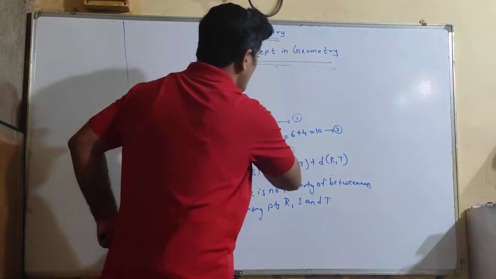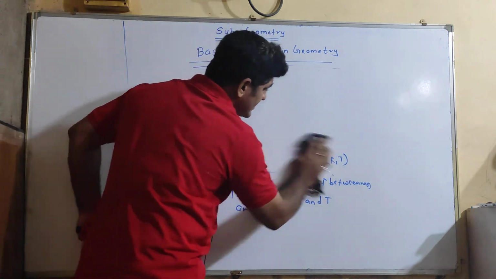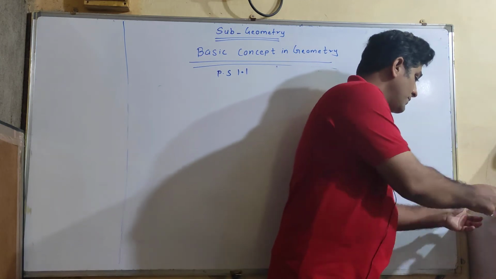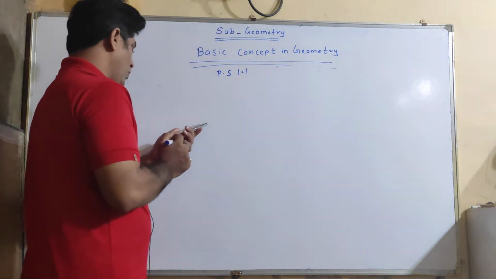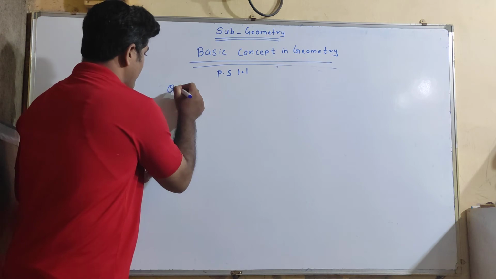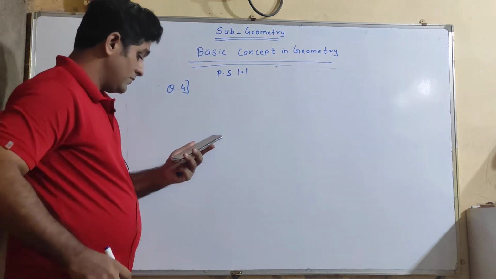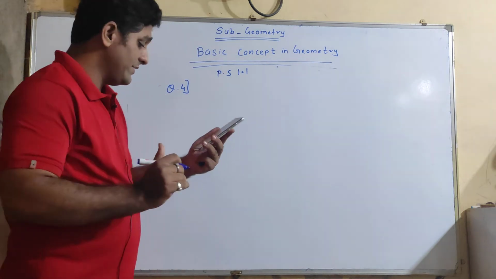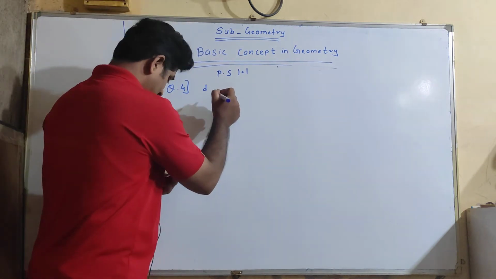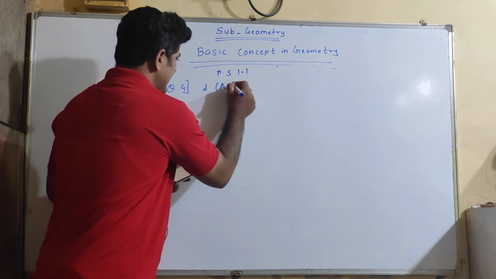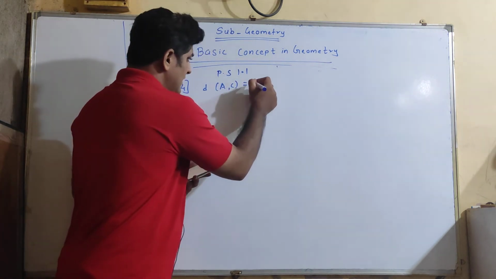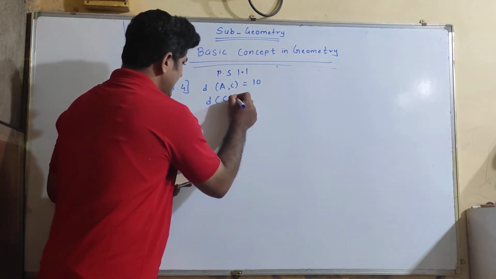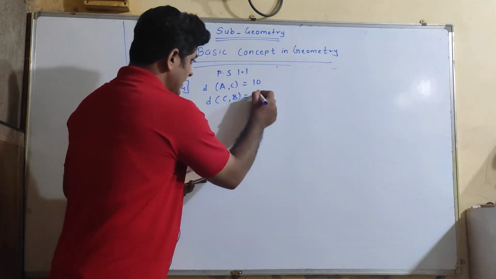Okay students, let's try and understand over here. Question number 4. Now we have to consider the possibilities over here. They have given us three distances: AC they have given 10, distance CB they have given 8.